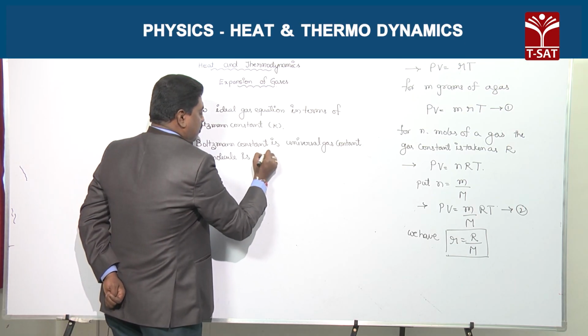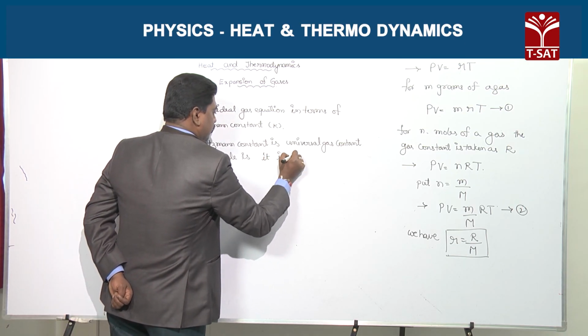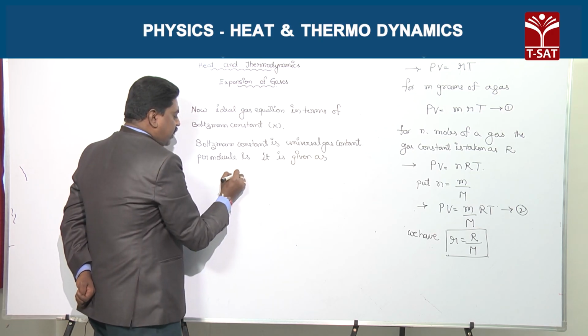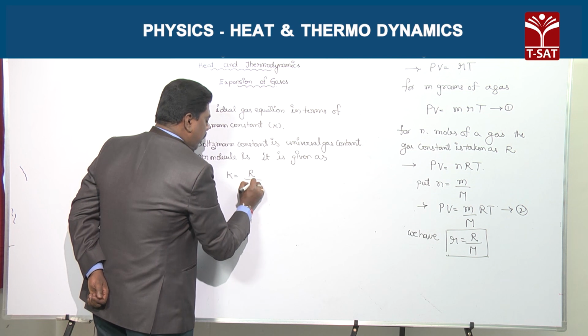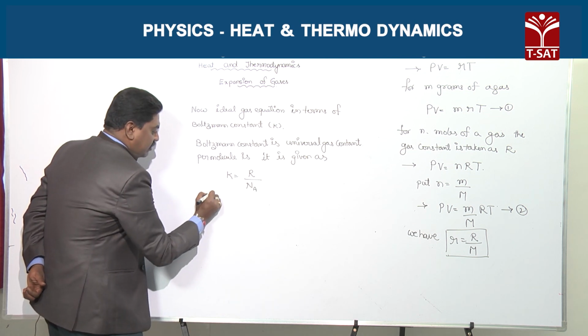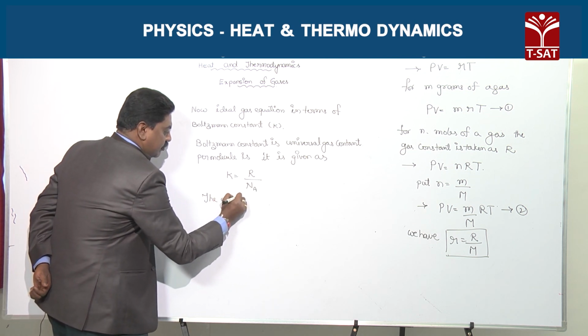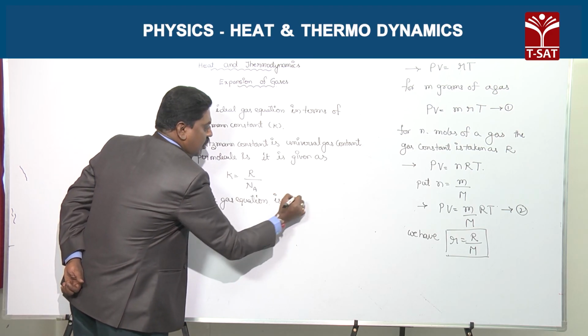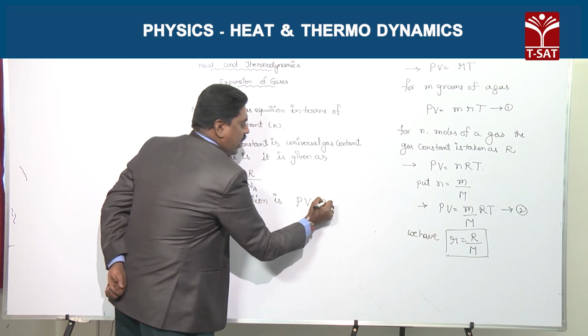It is given as K is equal to R by Na. The gas equation is PV is equal to nRT.